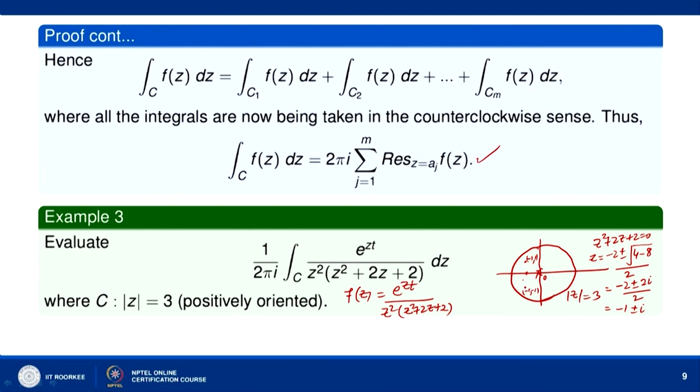So, all the three, and now you can see the distance of minus 1 plus i and minus 1 minus i, whether you take this point or this point, the distance from the origin is root 2. And the radius of the circle is 3. So, all the three singularities of f(z) equal to e to the power zt over z square into z square plus 2z plus 2 lie inside C.